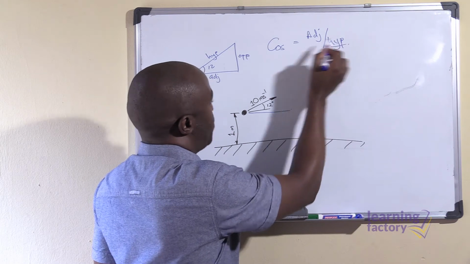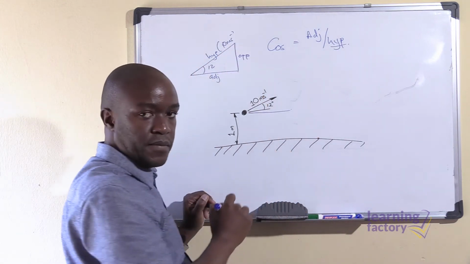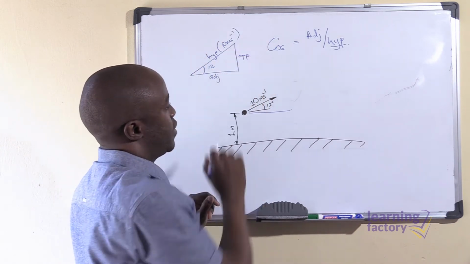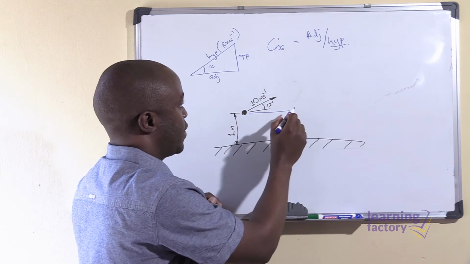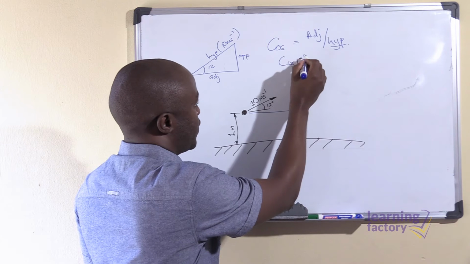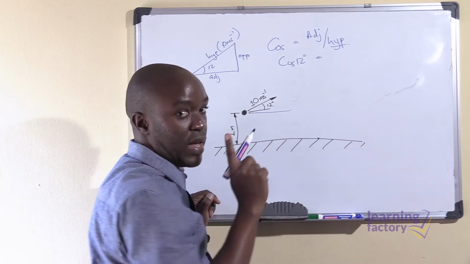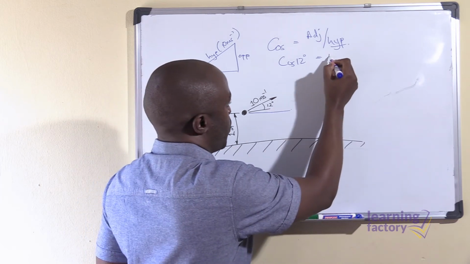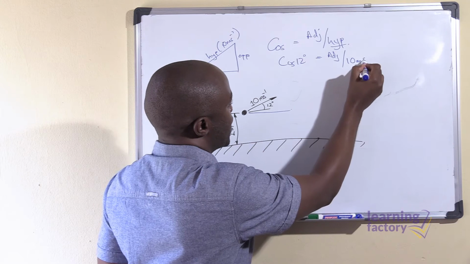And we know our hypotenuse represents our 10 meters per second. Therefore, cosine of 12 degrees is equal to our adjacent, which is the value we want to calculate, over our 10 meters per second.